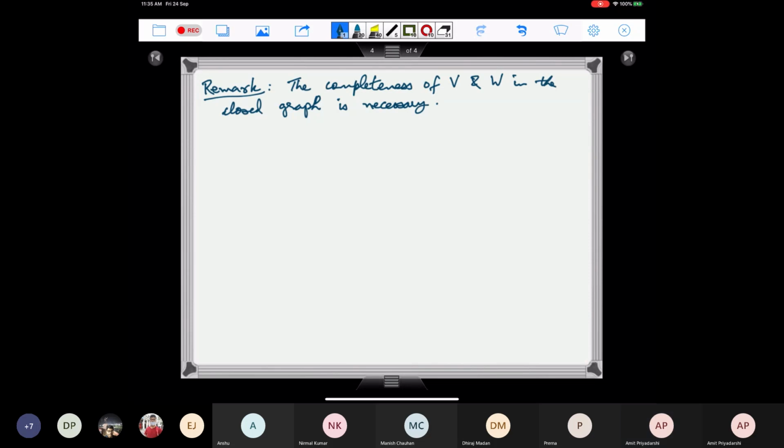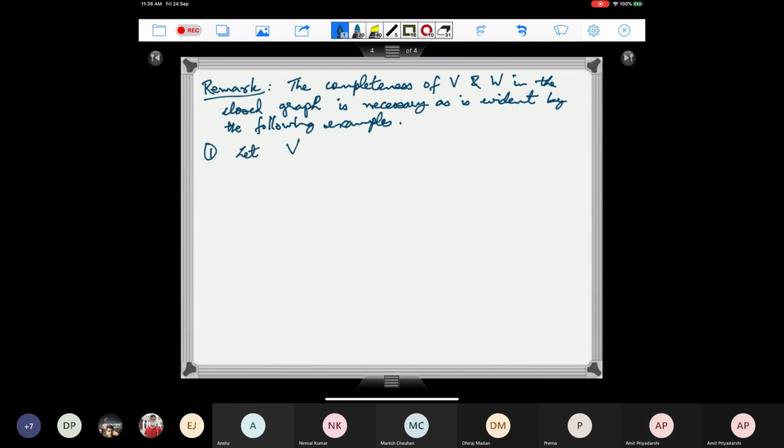So let's look at the following examples. So the first one, let's look at this derivative operator.